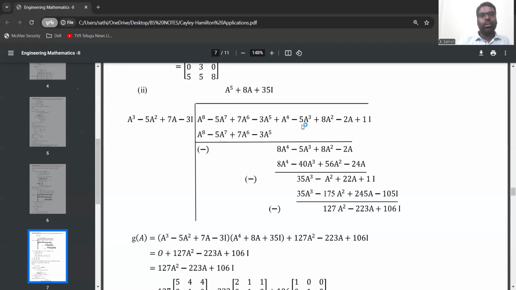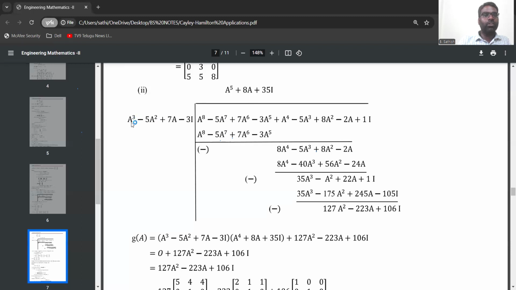A correction: 8 will get here. So 8a power 4 minus 5a cube plus 8a square, up to minus 2a. Again here we have a power 4, but in the characteristic equation we have a cube.